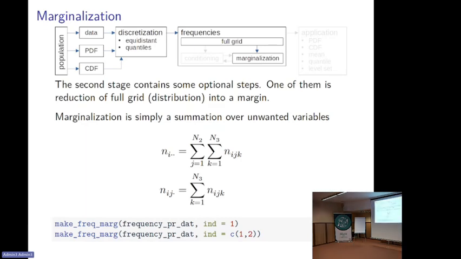So one option is to just use this function and choose the indices in which we are interested. I just remind you that it can be applied to any dimension. This is just an example. It can be 100 variables, but then you are limited by your hardware, especially the size of memory.